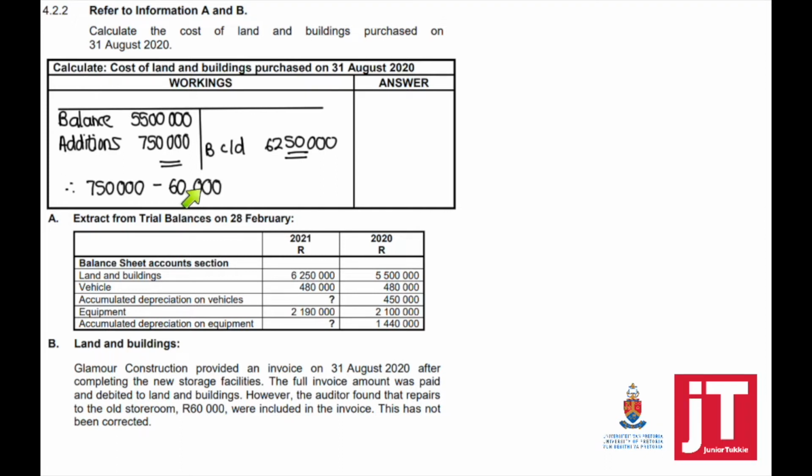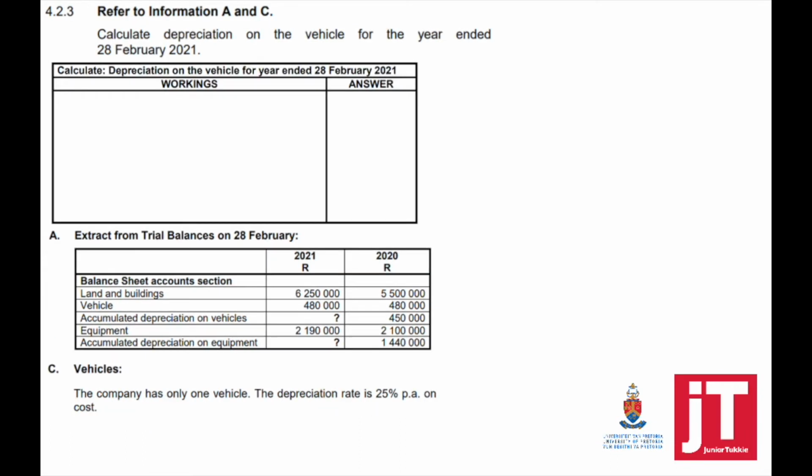Now we need to subtract the 60,000 for the repairs that were done. This means that the cost of the land and buildings purchased was 690,000.